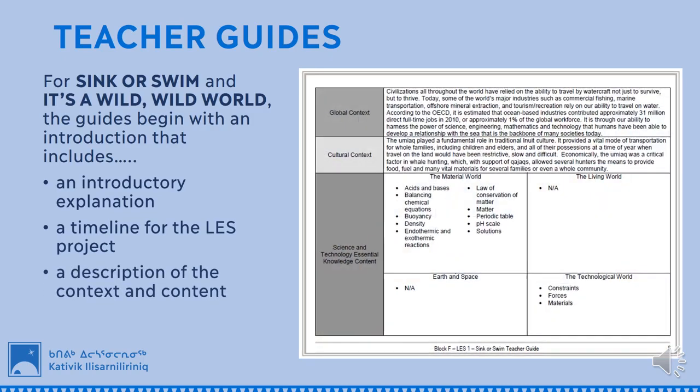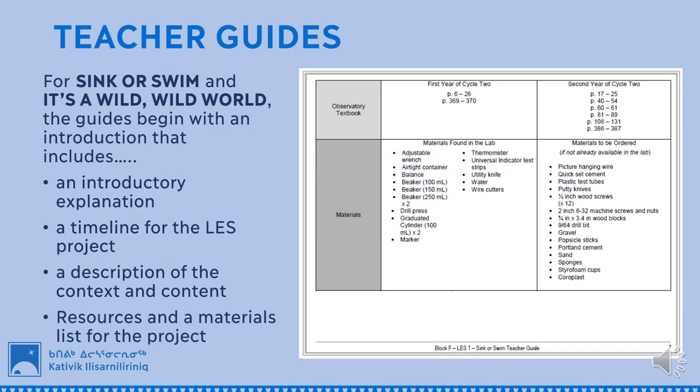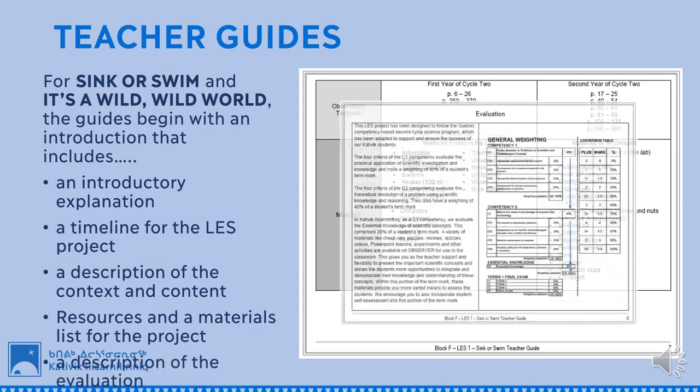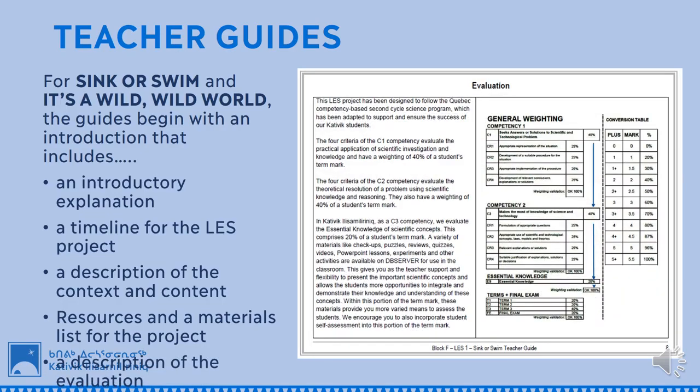You'll find a description of the context and content, some resources, and an important materials list for the project. These items should be available already in the labs. And there'll be a description of the evaluation.